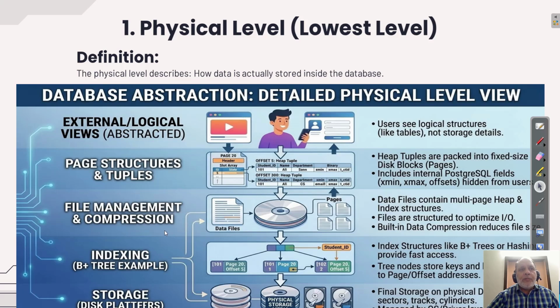In this level, we use file management and compression to compact the data and reduce the file size. If there is some sort of indexing we need to apply, we use the indexing here in this lowest level. For example, here you can see index 1 is pointing to page 20, this record, and this student ID is pointing to, for example, another page 21, etc. All the data is stored on the disk in this lowest level.